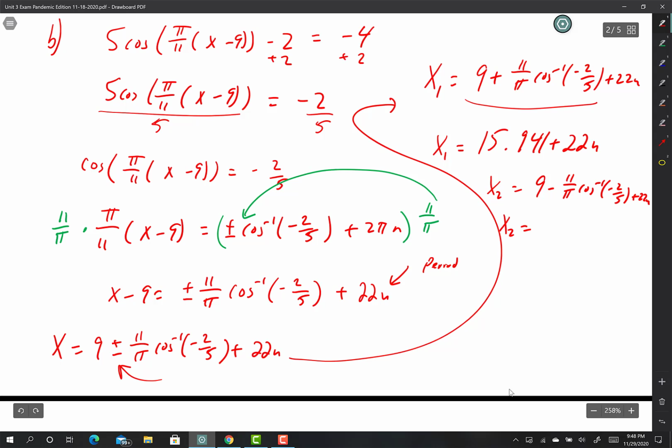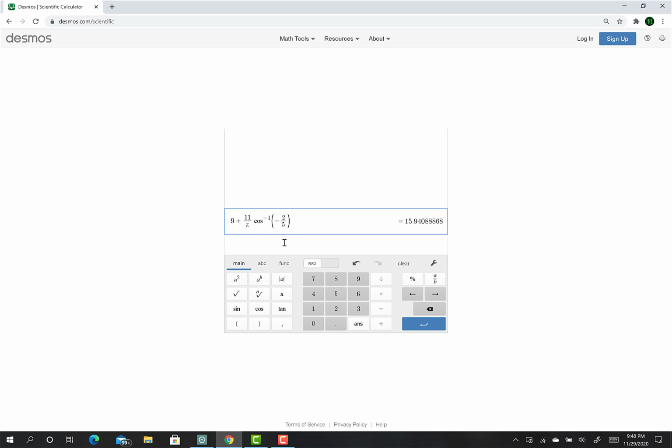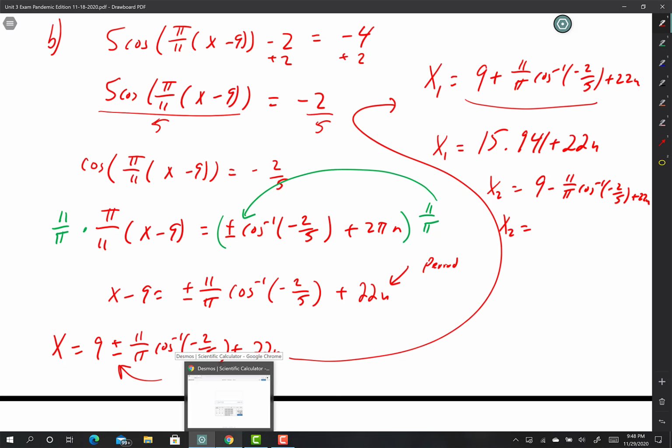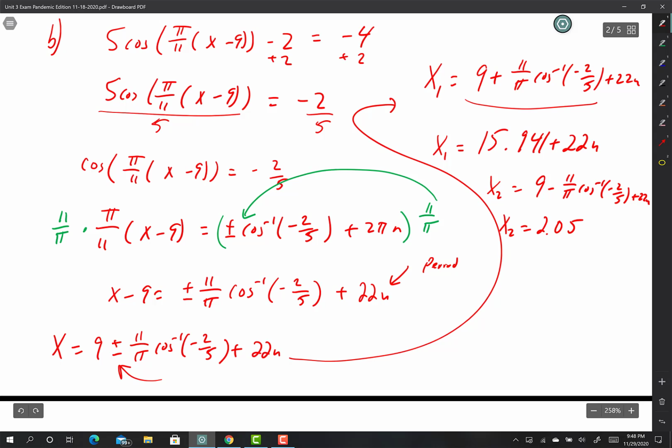So x2 is, so I'm just going to go back to Desmos, and I'm just going to change that plus to a minus. And it really is that simple, guys. So now I got 2.05. So 2.0591. So 2.059. 3 digits always, unless otherwise told. 2.059 plus 22n. These are my general equations.